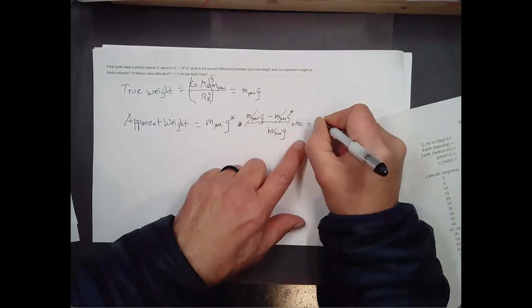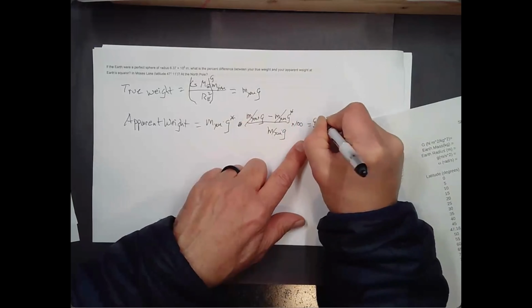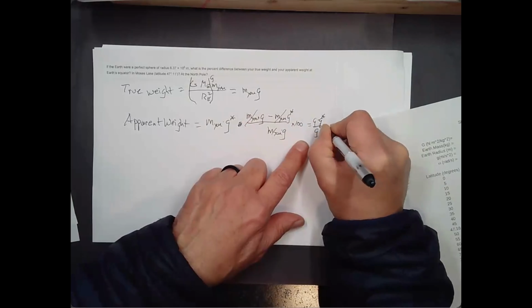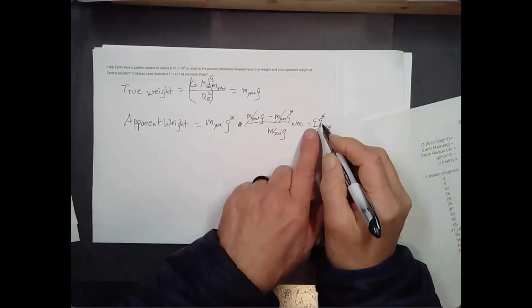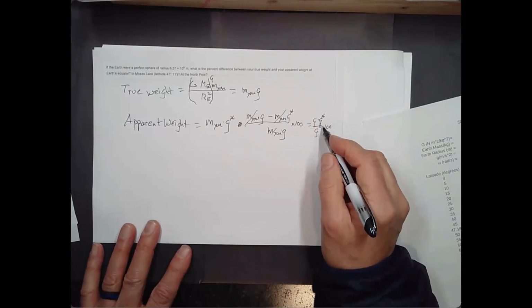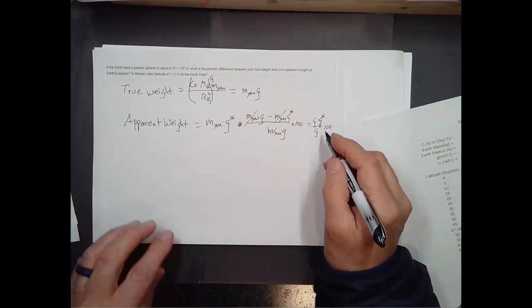So it ends up being G minus G star divided by G times 100. But G minus G star at the equator ends up being the centripetal acceleration.